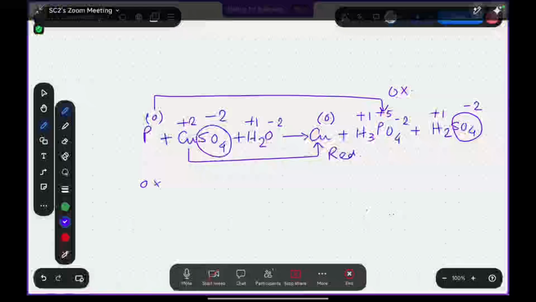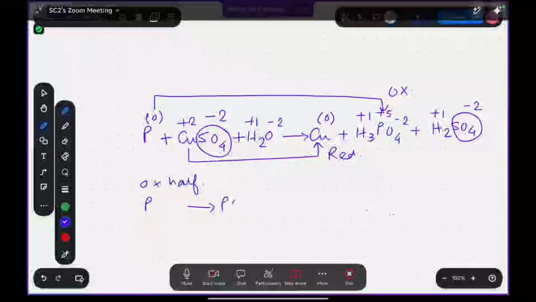Oxidation half reaction, phosphorus changing to phosphate. Make your work easier. Don't use those things which are not changing the oxidation state. Hydrogen, sulfur, oxygen, they are not changing their oxidation state, so we will not involve them in the half reactions.